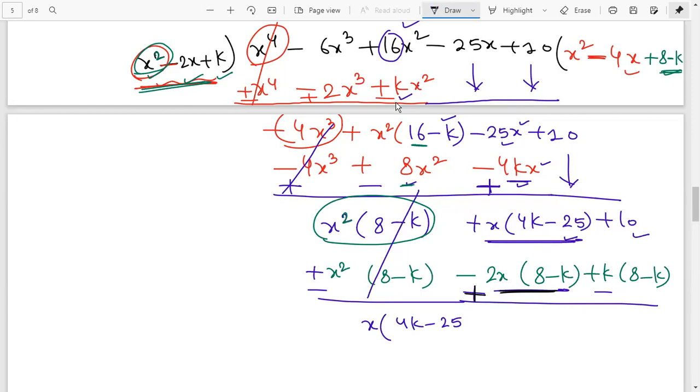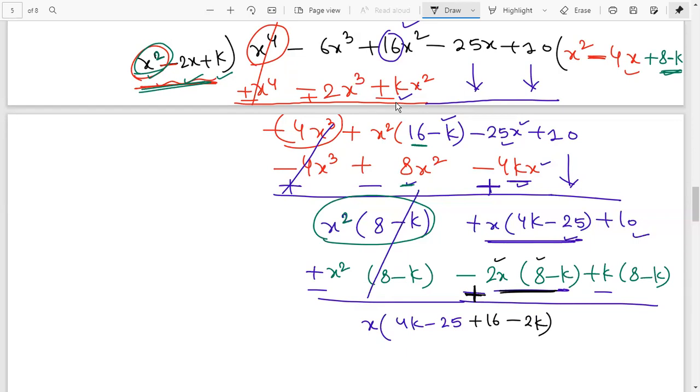So 2 into x we have taken common, plus is the sign outside. Now plus 2 into 8 will be plus 16. 2 into 8 is 16, plus 16 minus 2 into k, 2k. 2 into minus k is minus 2k, because now we have plus. So 2x we have taken out, 2 into 8, 16 minus 2k.